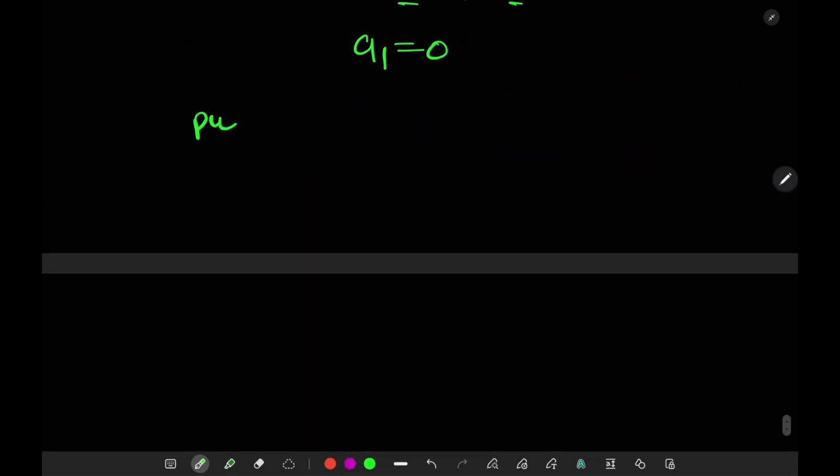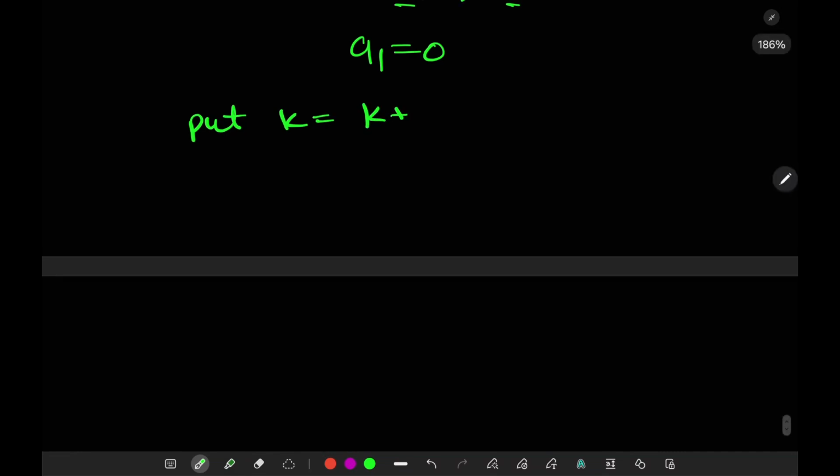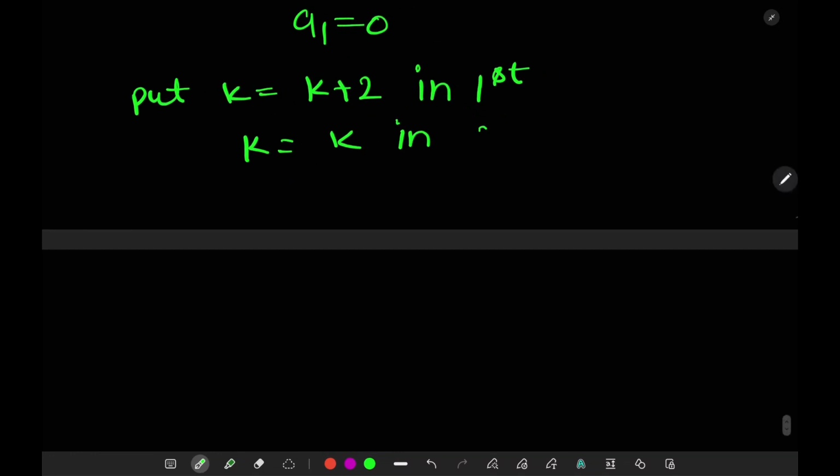Now for general equation, we put k equal to k plus 2 in first summation and k equal to k in second summation.